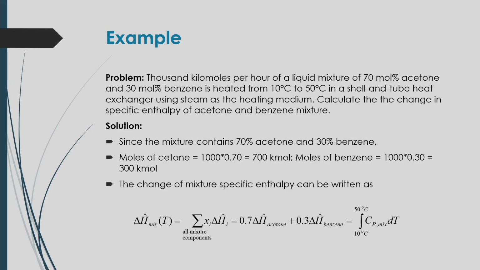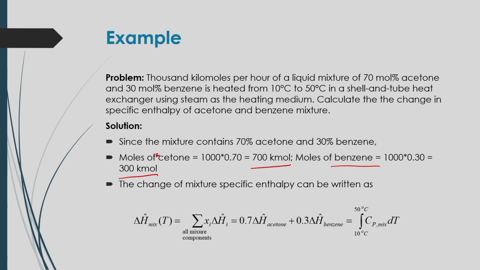In this case, since the mixture contains 70% acetone and 30% benzene, you first have to find out the moles of acetone and benzene. Since the total amount is given as 1000 kilomoles, the moles of acetone will be equal to 700 kilomoles, whereas the moles of benzene will be equal to 300 kilomoles.